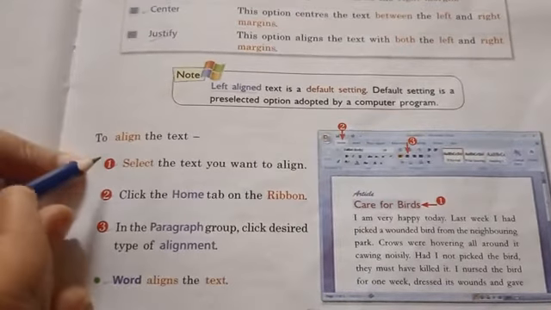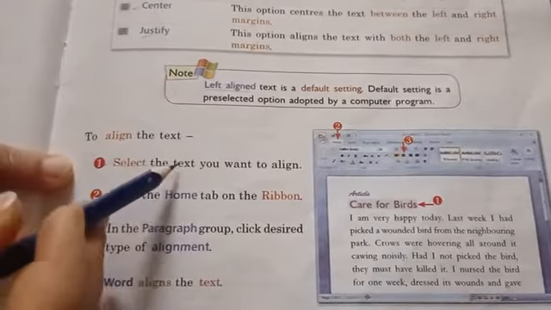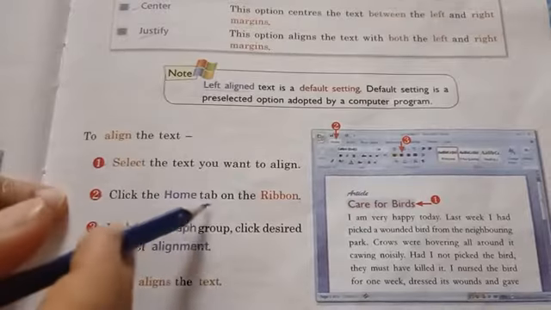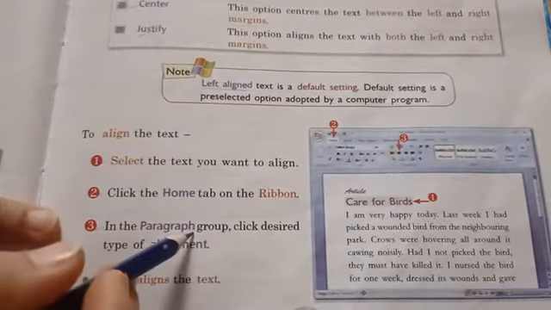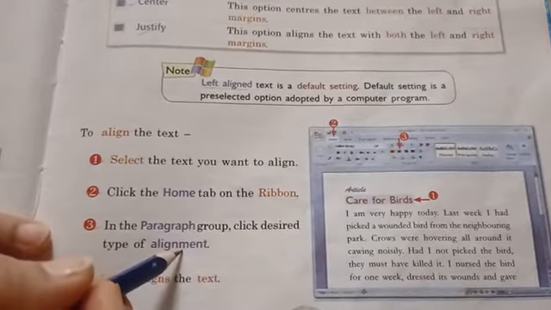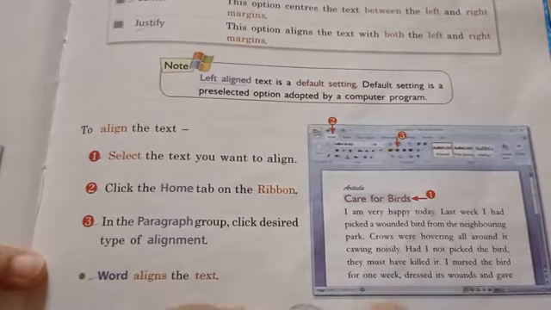Now how can we do this? To align the text, select the text that you want to align. Second step, click the Home tab on the ribbon. Third step, in the Paragraph group, click the desired type of alignment. You can see here, Word aligns the text.